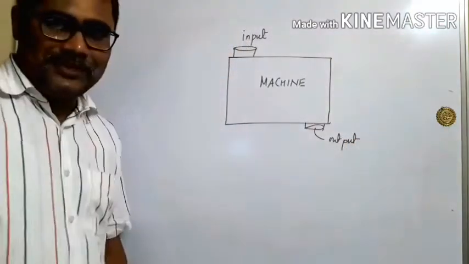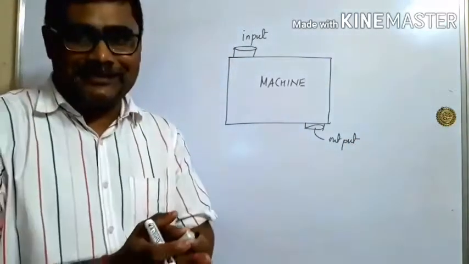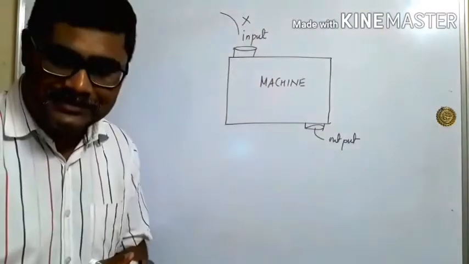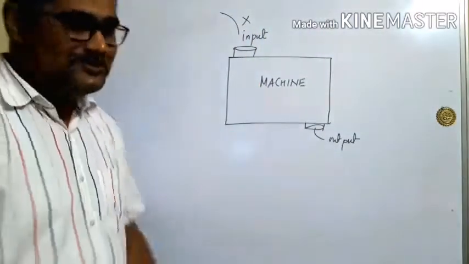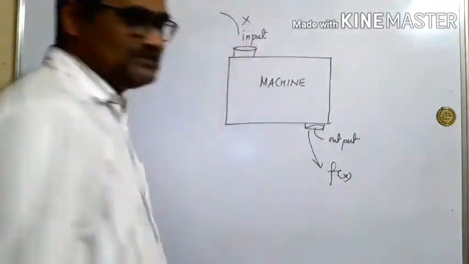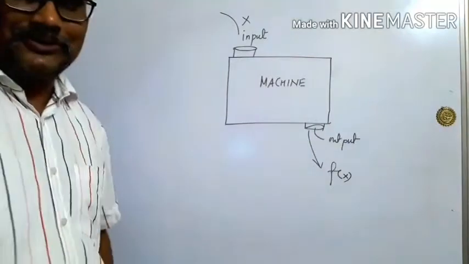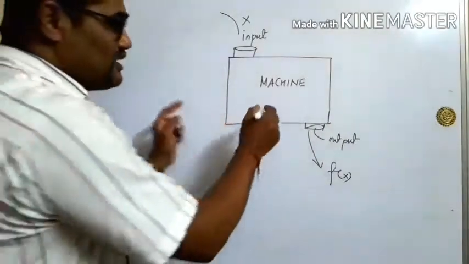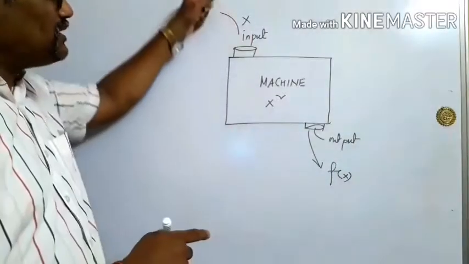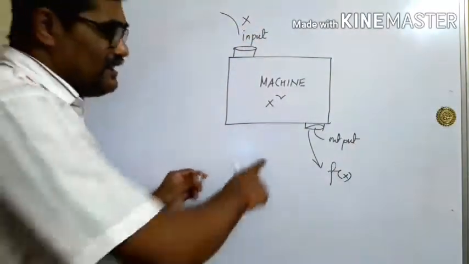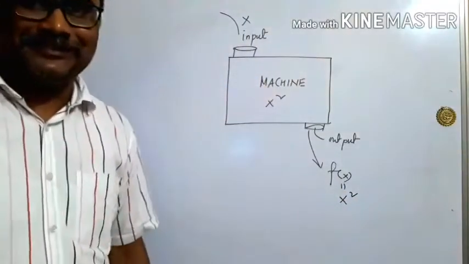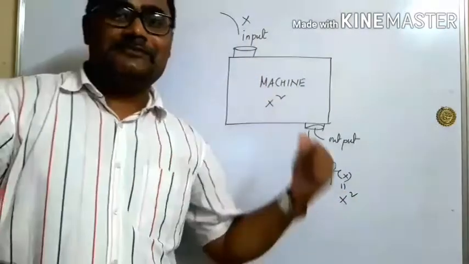The function is like a machine. You will give some input in the form of variable x, which contains numbers also, and then it will give you some f(x), and that f(x) is the rule. Supposing that the rule is here x square, means if you give input x, it goes out to give you x square. So this is a function.